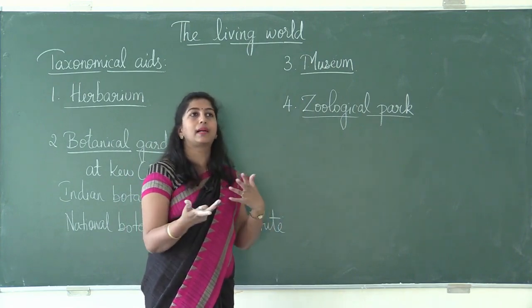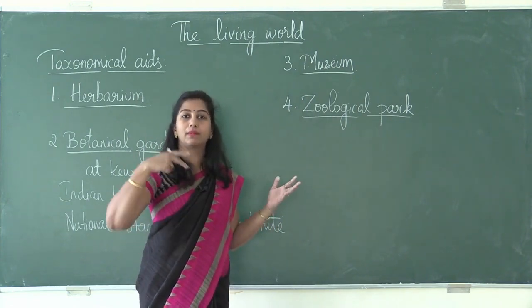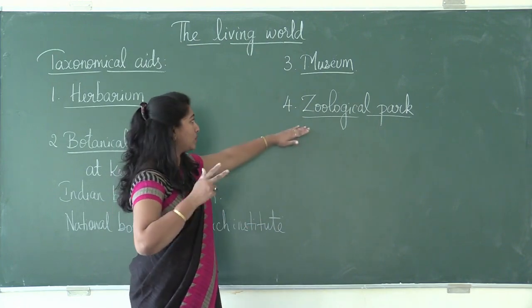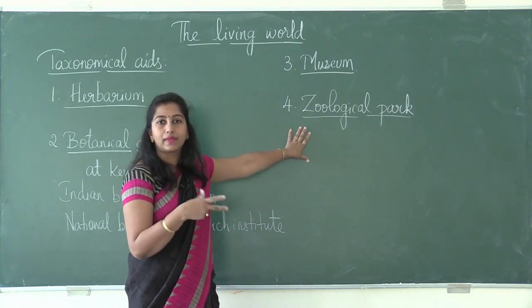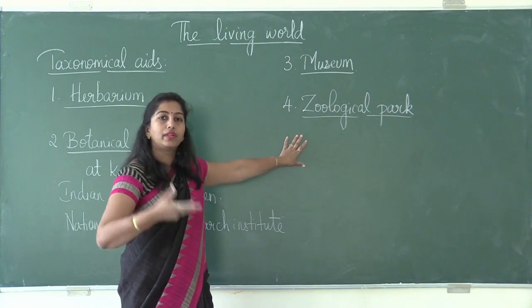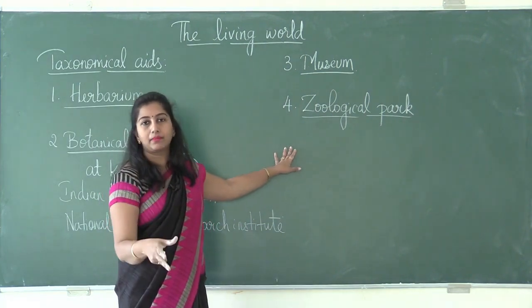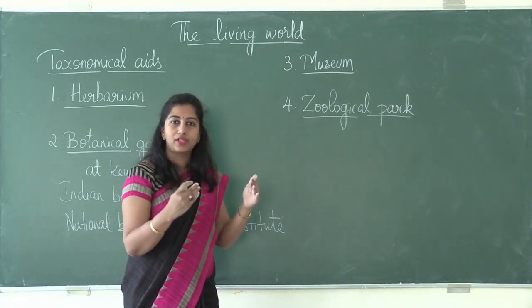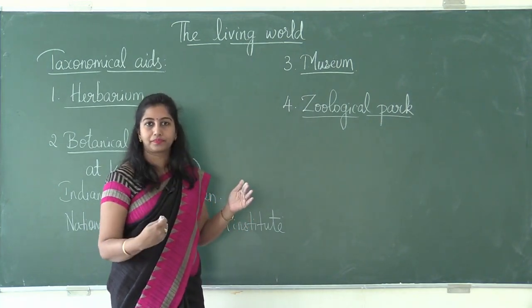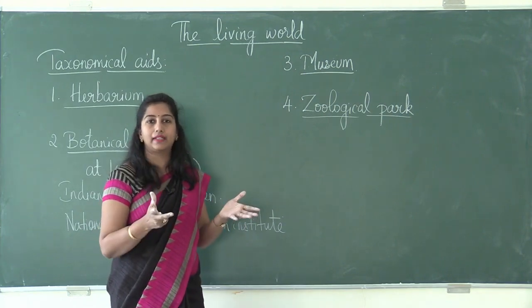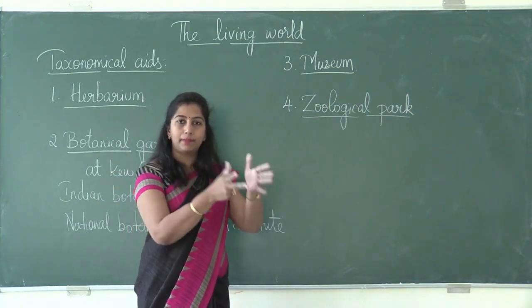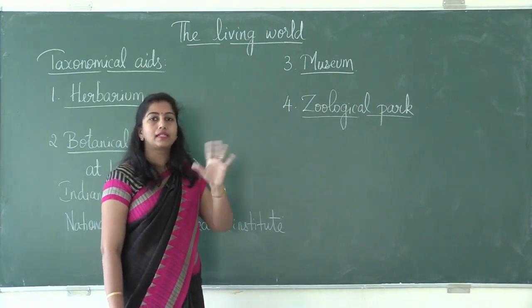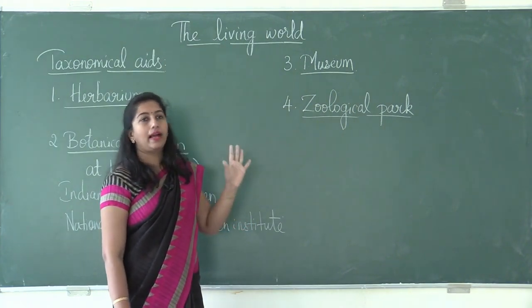For example, some animals live in an extremely cold climate, and the zoological park may be in a place where the temperature is high. So to maintain that particular animal, they have to maintain a place where the temperature is kept low. They are trying to create an artificial habitat for that animal, as similar as possible to its original habitat.